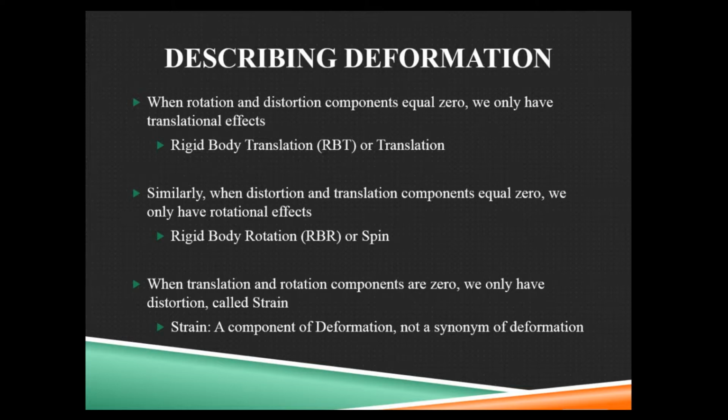So deformation is all three or any of the three. Strain is specifically the physical distortion, which I may have misspoken on that on an earlier slide slightly. But what I'm saying right here on this slide is the accurate word choices.